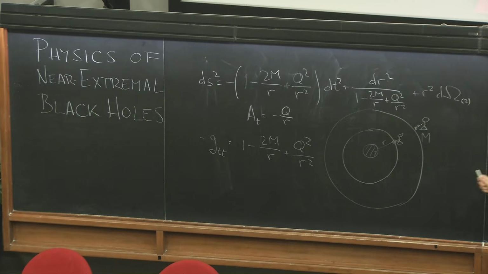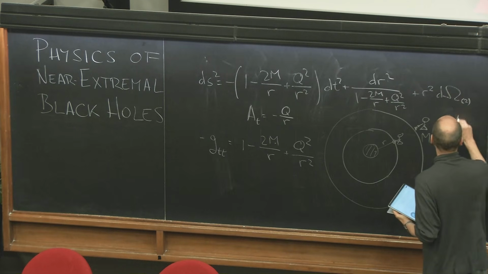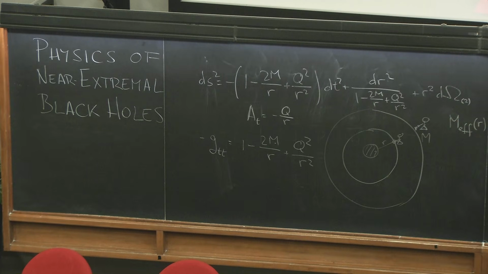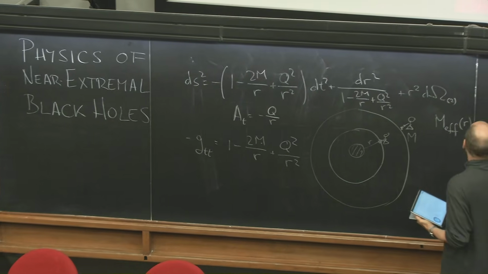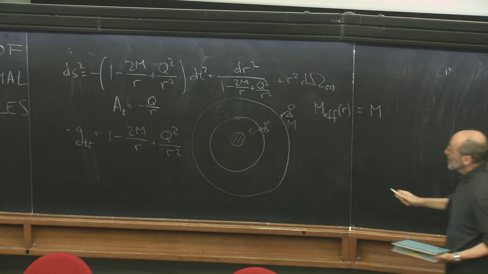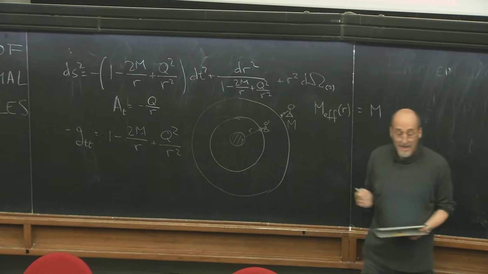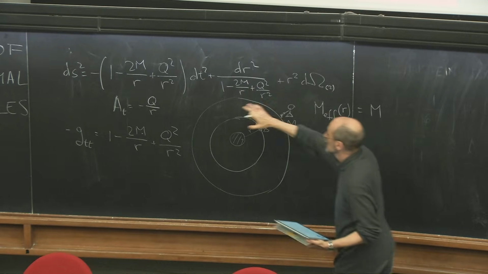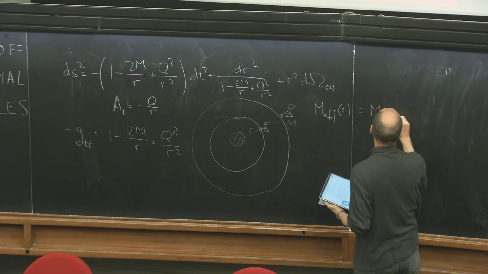So the electromagnetic field outside the sphere doesn't contribute to the gravitation of the whole system. Okay? So we can define an effective mass at this radius as the total mass minus the energy of the electromagnetic field in the shell outside r.